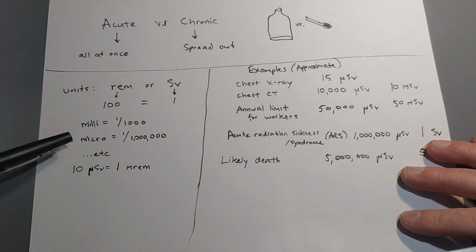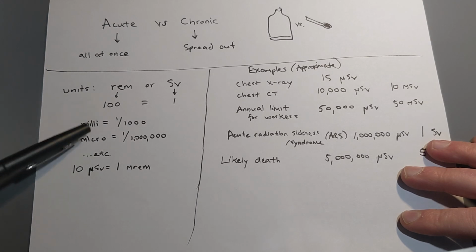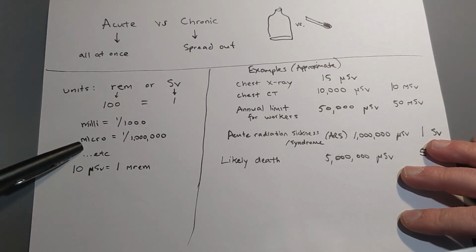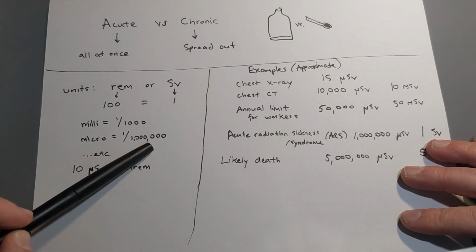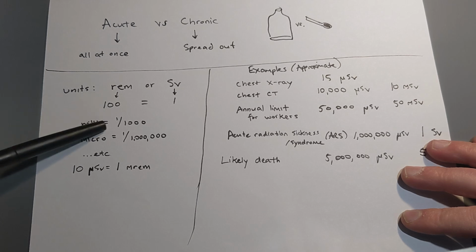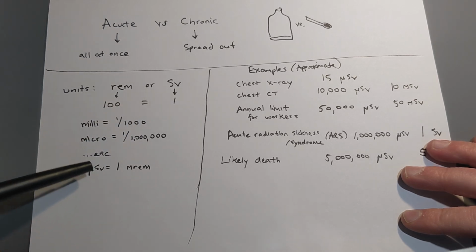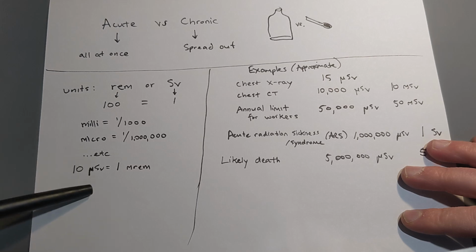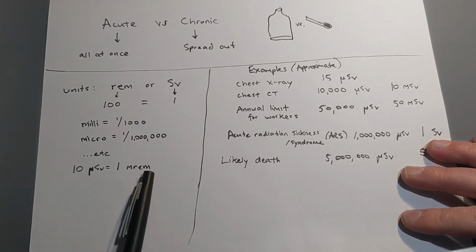And then you have milli and micro or even nano. Milli is 1/1000th. You can have a millirem, 1/1000th of a rem. You can have a microrem. You can have a microsievert, and micro is 1/1,000,000th. There's no really simple fast way to keep these all in your head. You just have to pay attention to the units, and whether it has an m or a micro symbol before it. One useful thing to keep in mind is 10 microsieverts is 1 millirem.